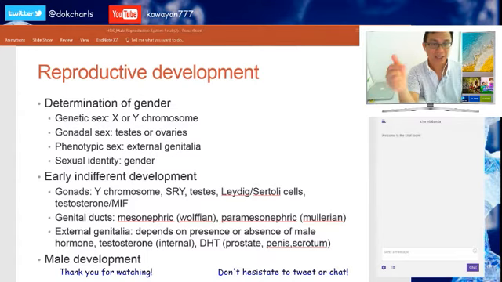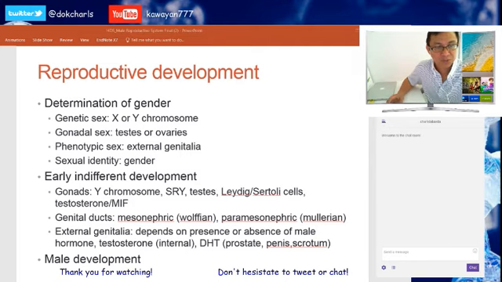That is why as early as your 12th week, if you have a very good ultrasound of your fetus, probably you can already detect the presence or absence of a scrotum. But of course, it needs to be validated later on by subsequent investigations.